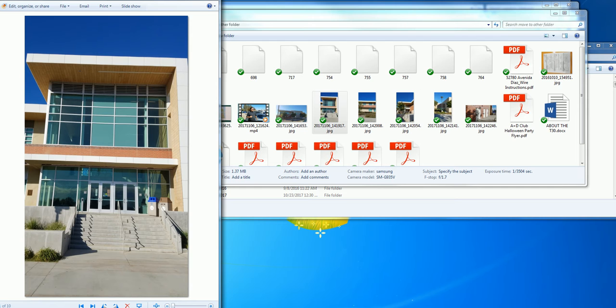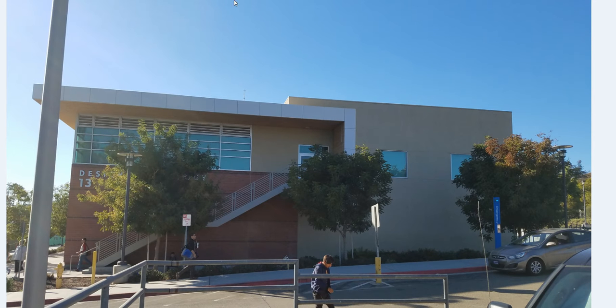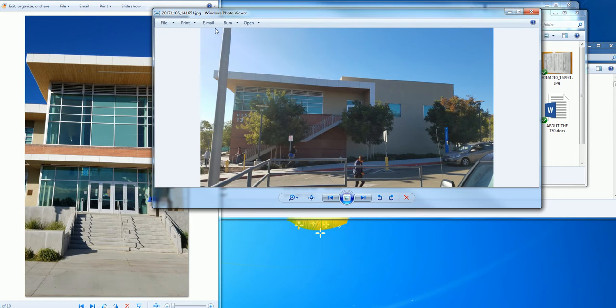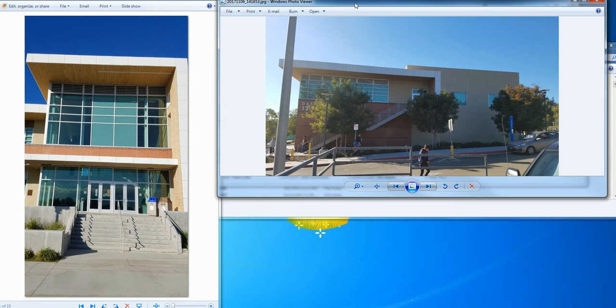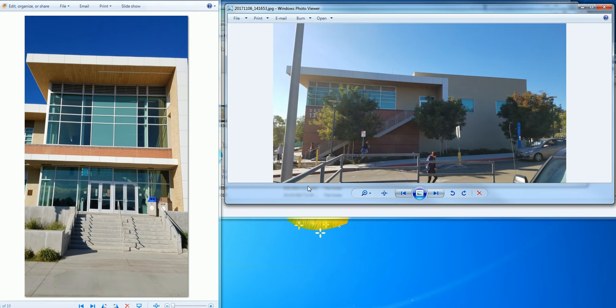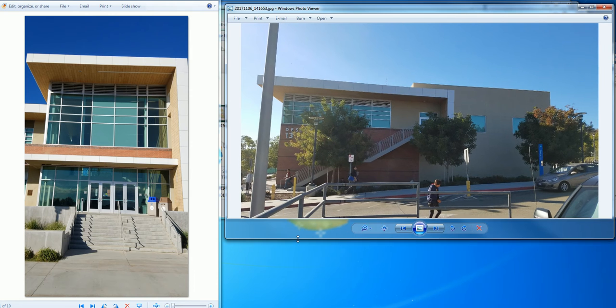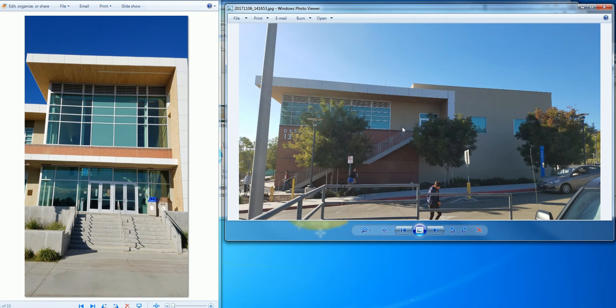And let me find the other one. The other one's this thing. I think I'll shrink it down. So we're looking at both of them. All right. So compare. There we are. There's two of them right in front of us for comparative reasons.